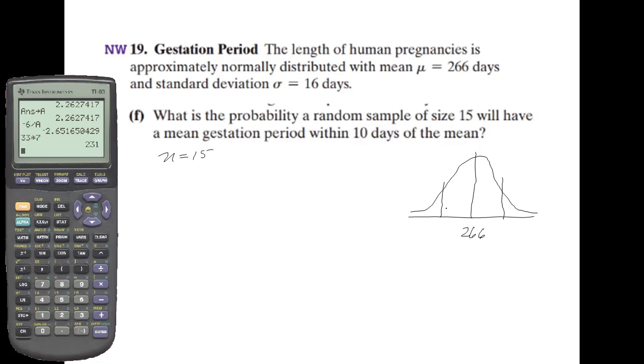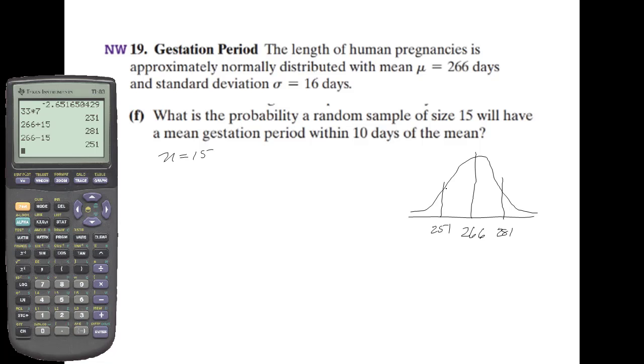So that's going to put me at, let's see, 266 plus 15, 281. And let's go back and minus 15 days, and that's 251.